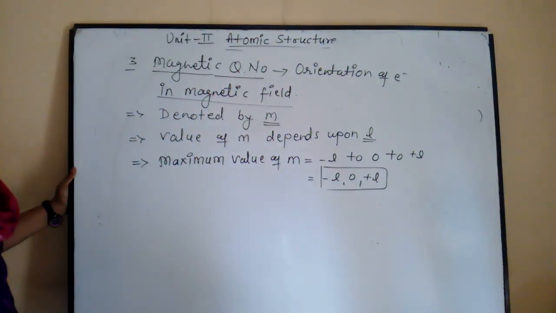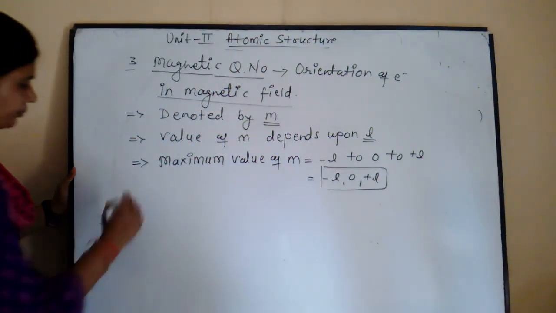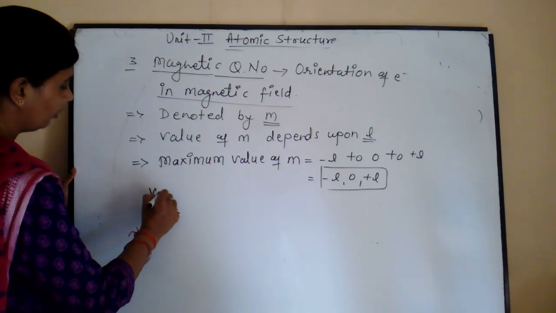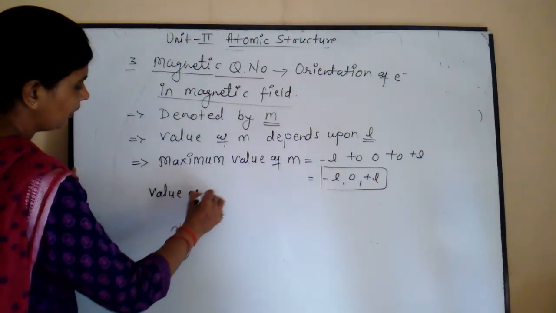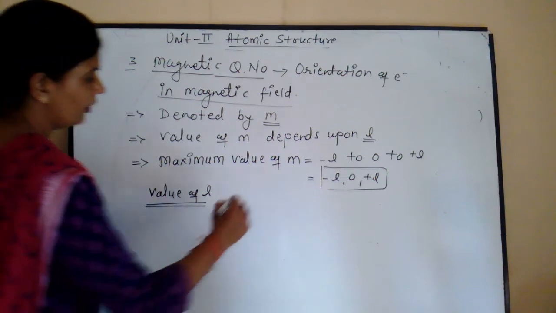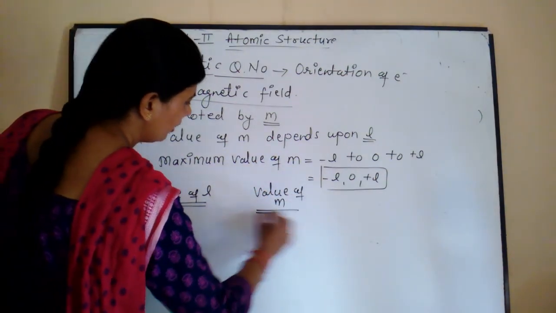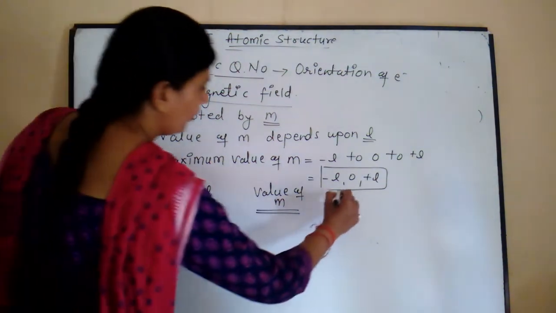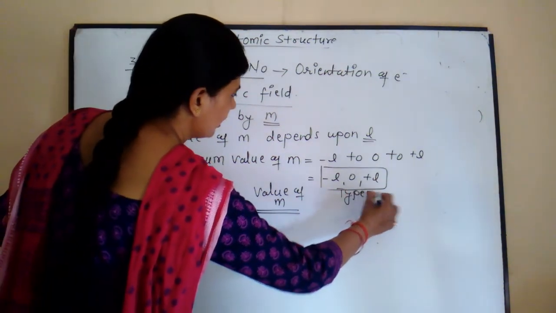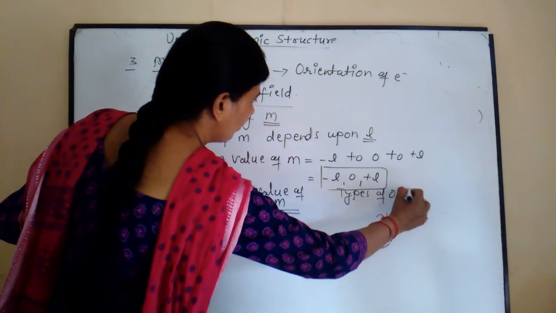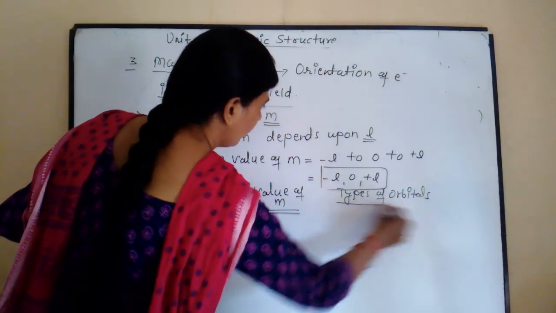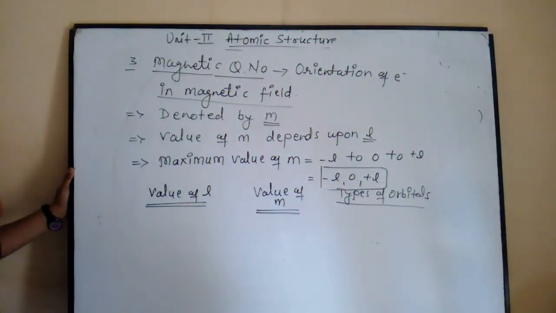See, from the value of l, we find the value of m. And third, here are the types of orbitals. We will find out the types of orbitals.